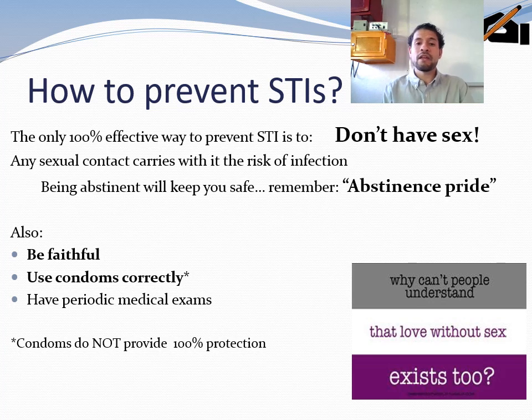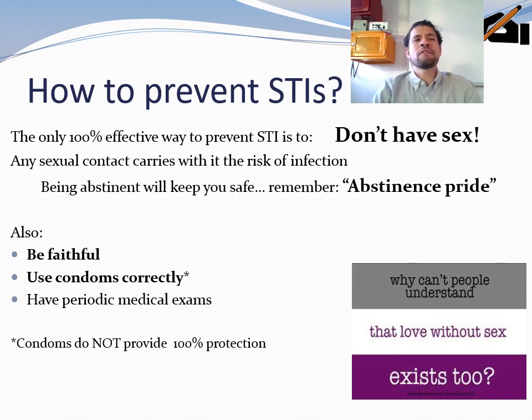The easiest way in which you can get an infection is through sexual activity. And well, if you don't have any sexual activities, then you will not have the risk of an infection.